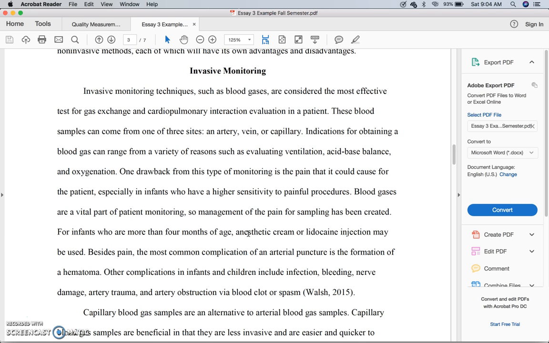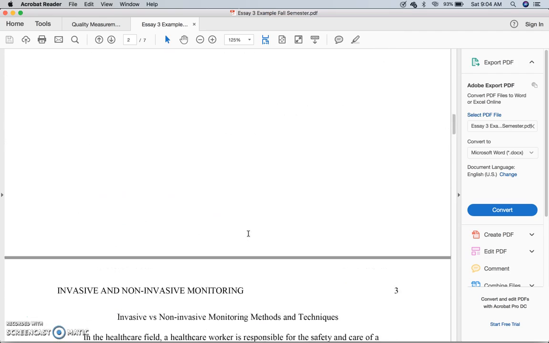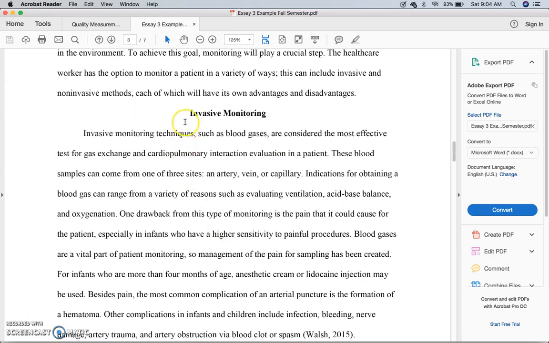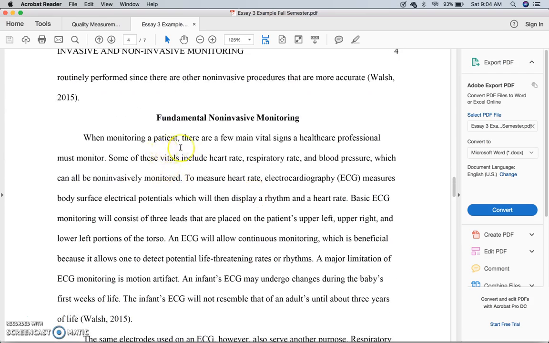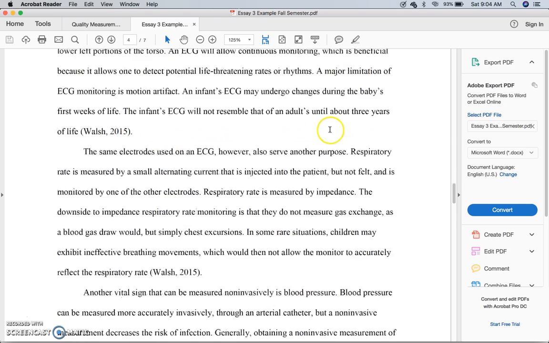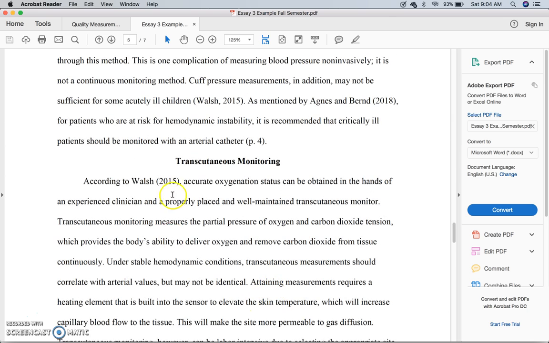If you already know what your main topics are going to be, go ahead and put in your level 1 headings, invasive monitoring, fundamental non-invasive monitoring, and then write your paper around all of your level 1 headings and your title. So that's what I expect.